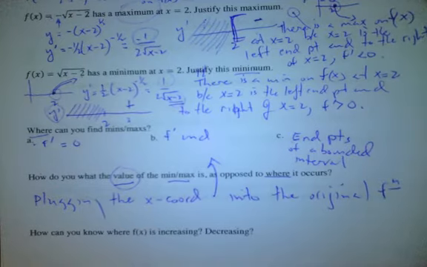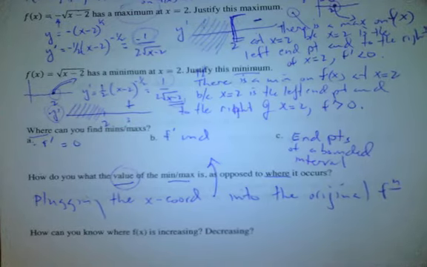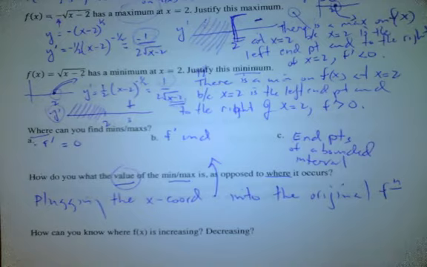This is what section 5.1 was all about, saying that if you want to know the values of maximums, you plug these possible candidates, these critical points and these endpoints into the original function, and you can find the relative values for those minimums and maximums.